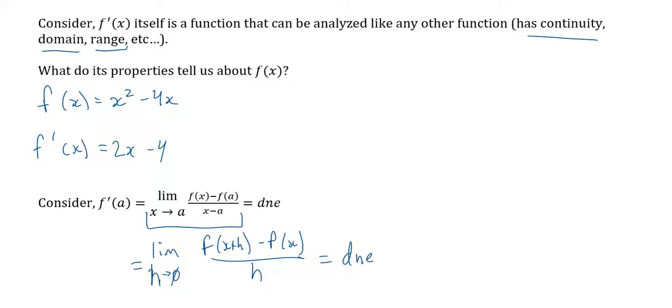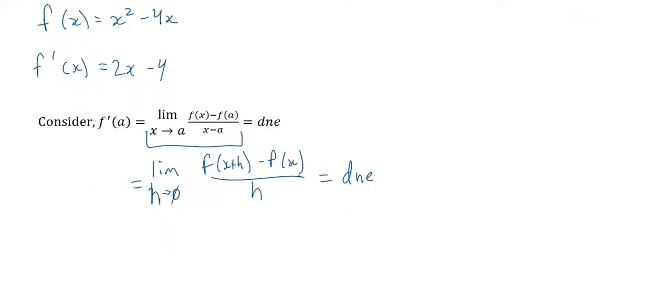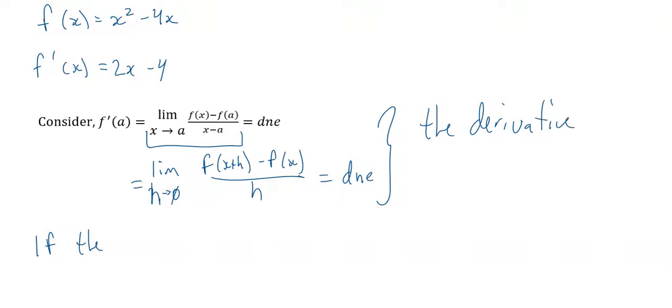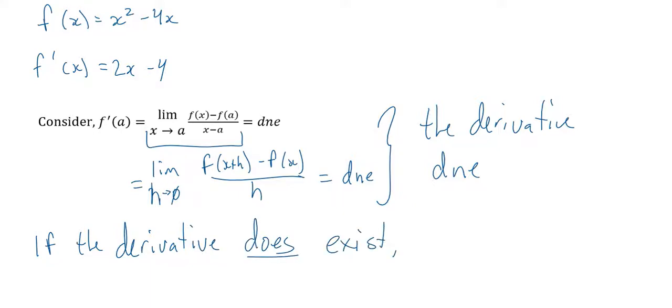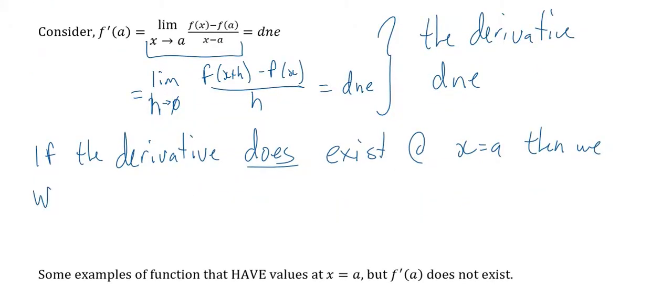Now, if the derivative does exist at x equals a, then we say f at x is differentiable at x equals a.